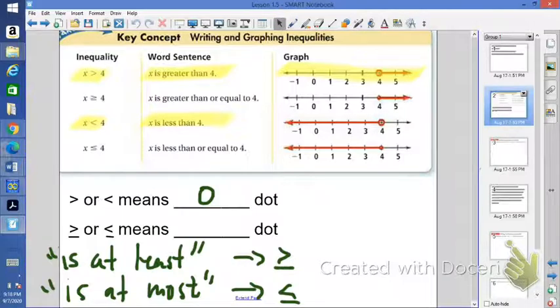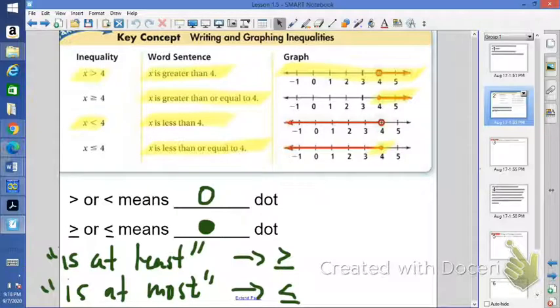Now we look at x is greater than or equal to 4 and x is less than or equal to 4. Notice for those, the boundary point 4 has a closed dot on it. So greater than or equal to or less than or equal to means a closed dot.